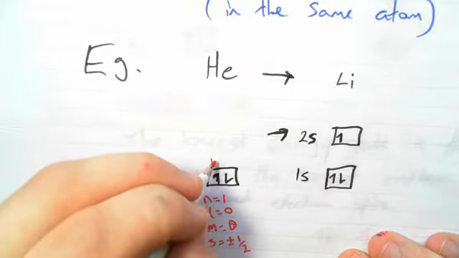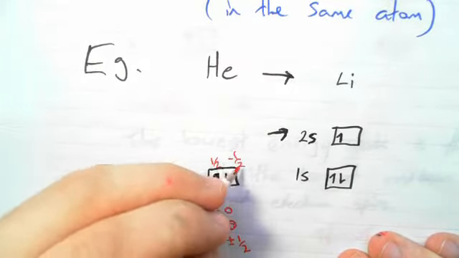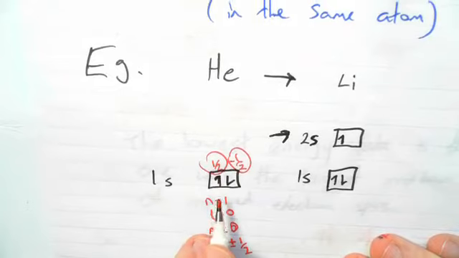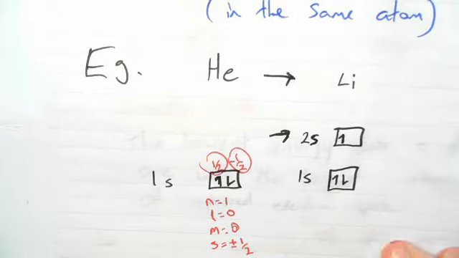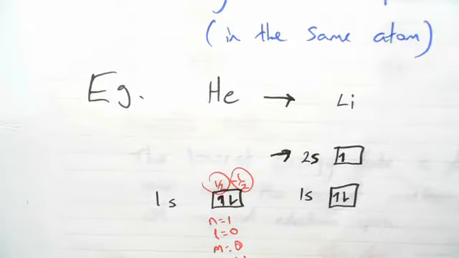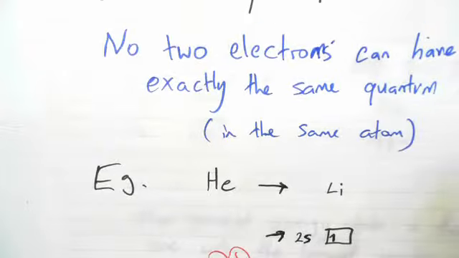This would be 1/2, this would be minus 1/2. So those are the spins for the two electrons. However, each orbital configuration can't take more than two electrons. So basically that's what the exclusion principle is saying.